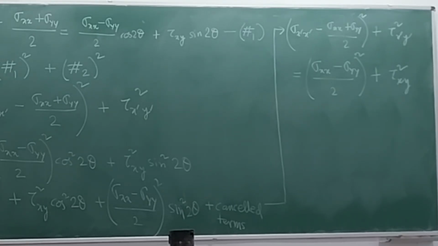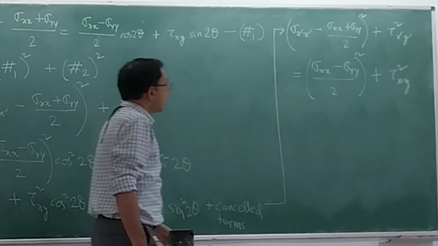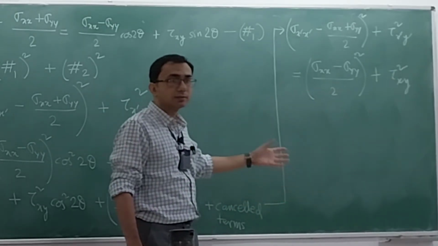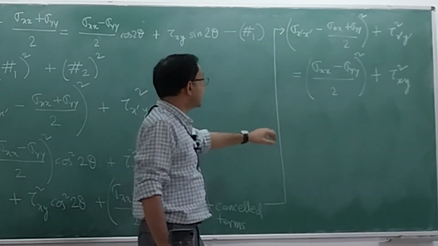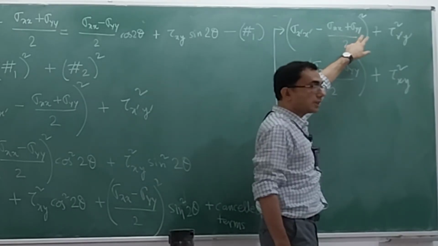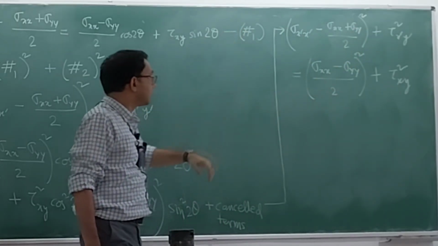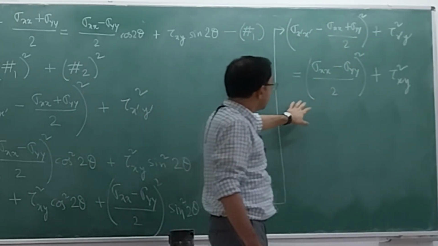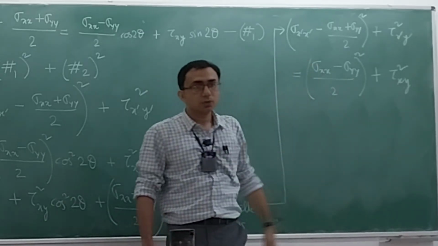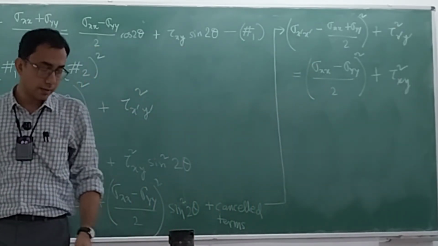That is the equation of a circle, right? Where is the center located? The center is located at (sigma xx plus sigma yy)/2, which is the x coordinate, comma 0. And the radius is the root of the right hand side term.